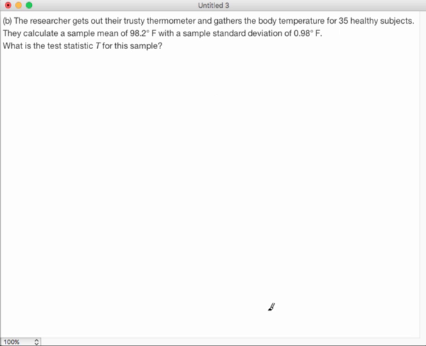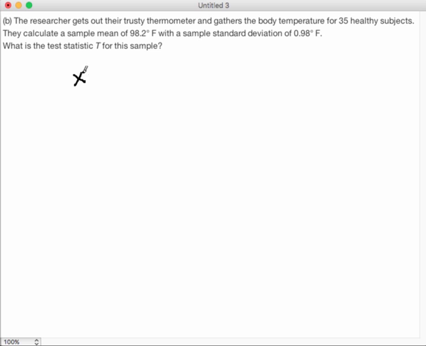Part B, our researcher gets out their trusty rectal thermometer, oh well, maybe not a rectal thermometer, and gathers body temperature from 35 healthy subjects and calculates the sample mean to be equal to 98.2 with a sample standard deviation of 0.98 degrees Fahrenheit.